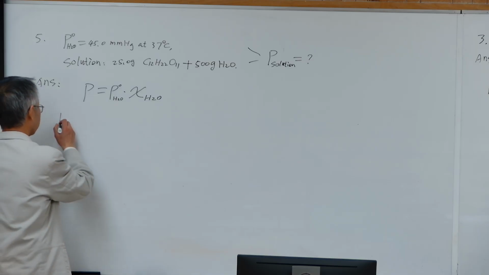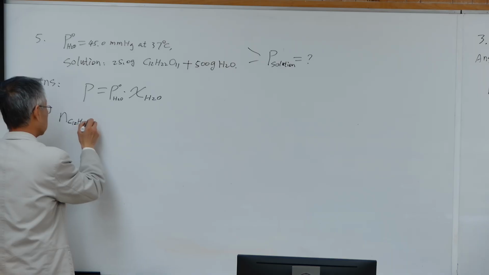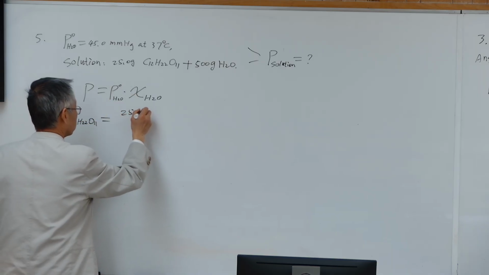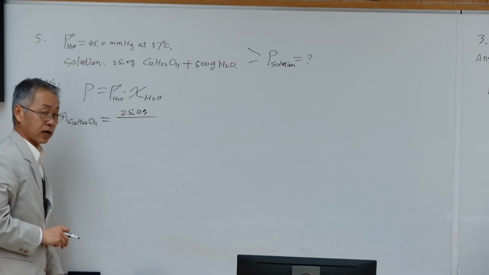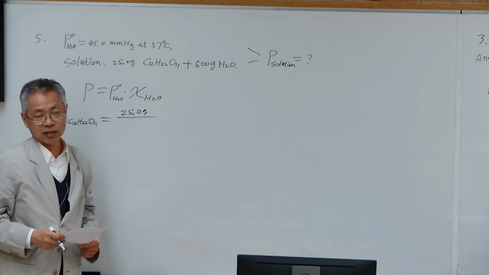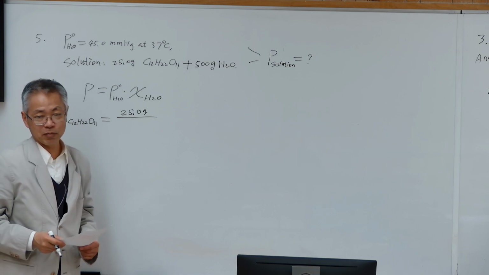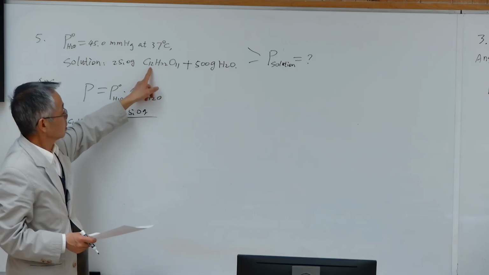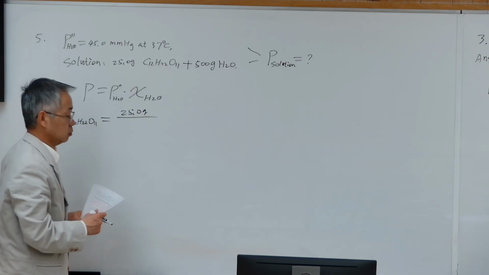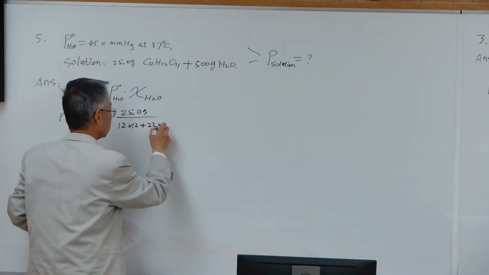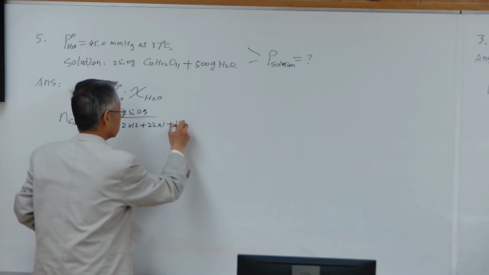So you need to find moles of sucrose, equals mass divided by molar mass. You need to use the periodic table to find the molar mass of this. Use the periodic table. 12 carbon, each carbon is 12. 22 hydrogen, each hydrogen is 1. 11 oxygen, each oxygen is 16.